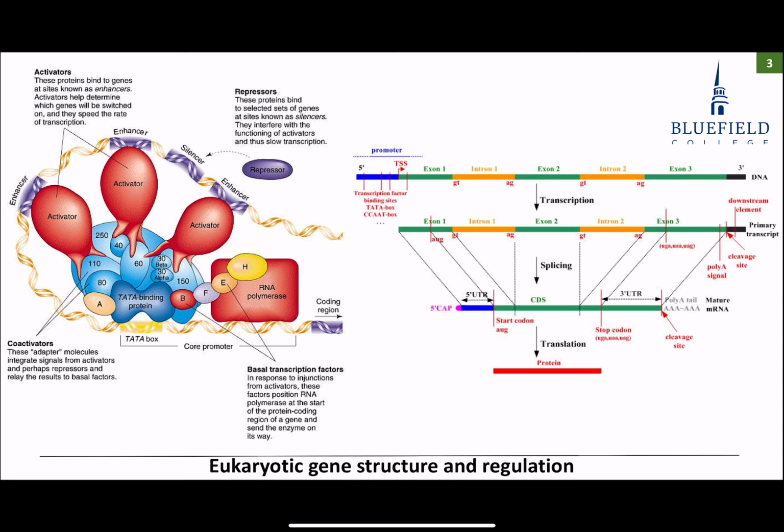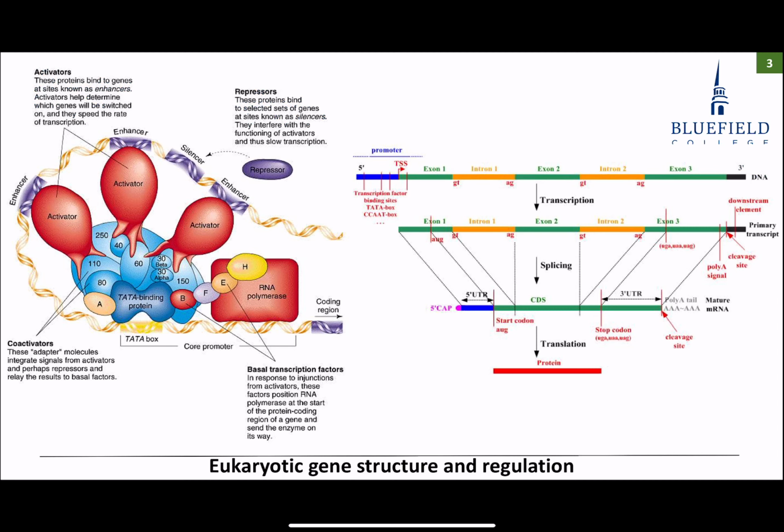It first includes introns, then introns are spliced out. A 5' cap is added, and these processes lead to a mature transcript, a mature messenger RNA, which then is translated into protein.